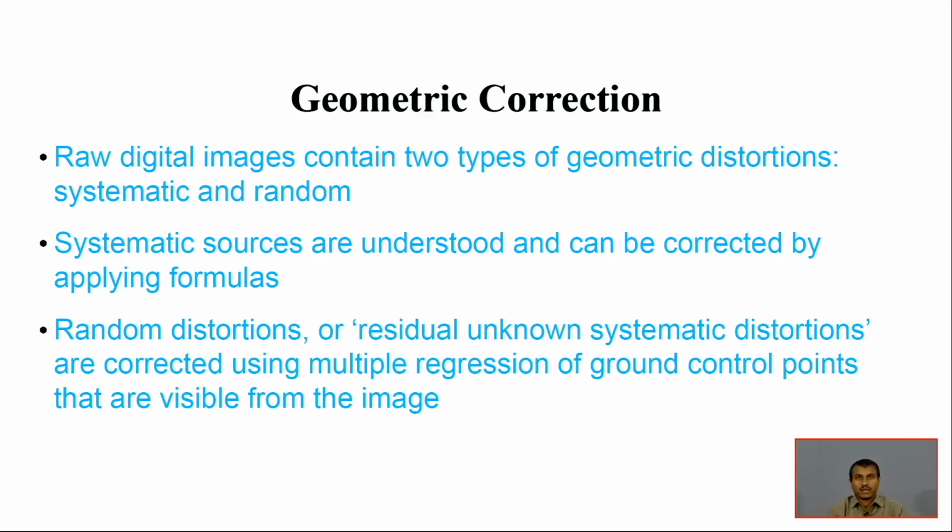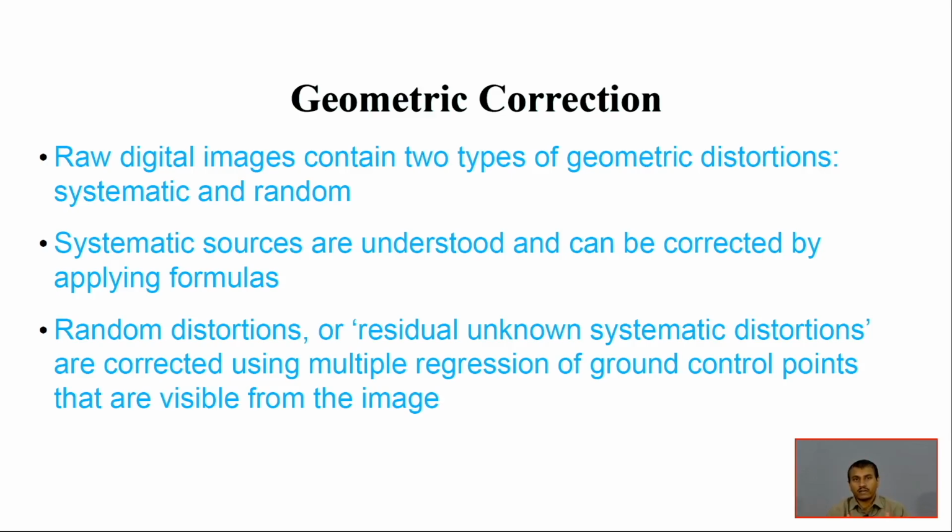In this context we are going to classify the geometric correction into two categories. One is the systematic and another is the random. Systematic error I have already discussed.